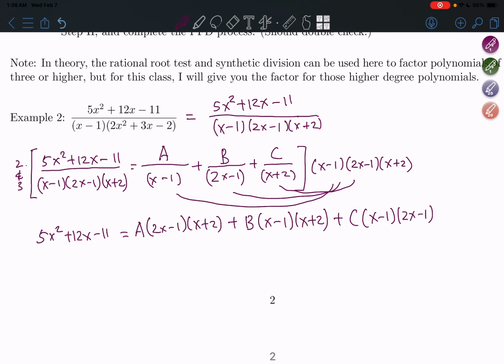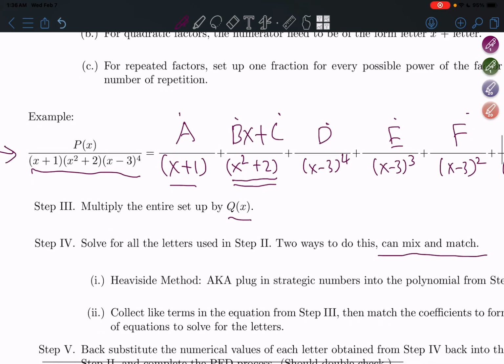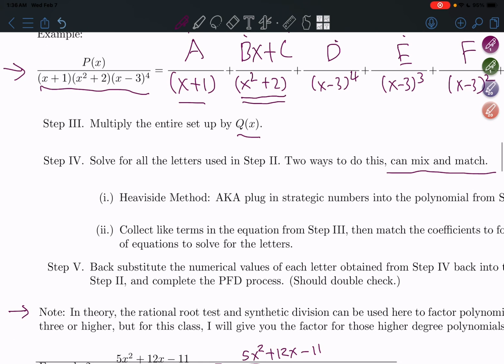As you can see, I have 2 polynomials on the left side and the right side of my equation. This is what's always going to happen in step 3: if you multiply the setup by q of x, you're going to get 2 polynomials. And now step 4 is where you start solving.